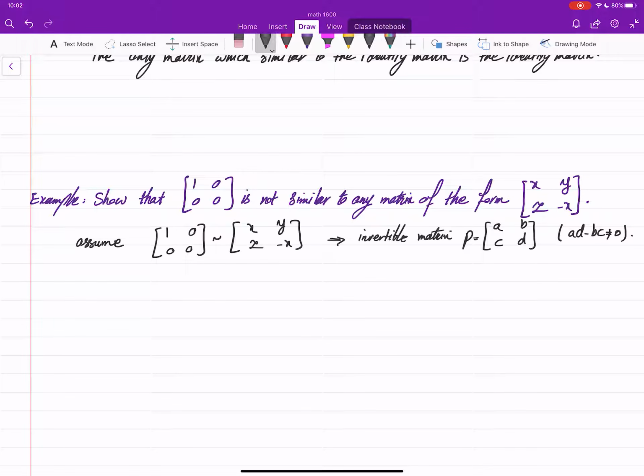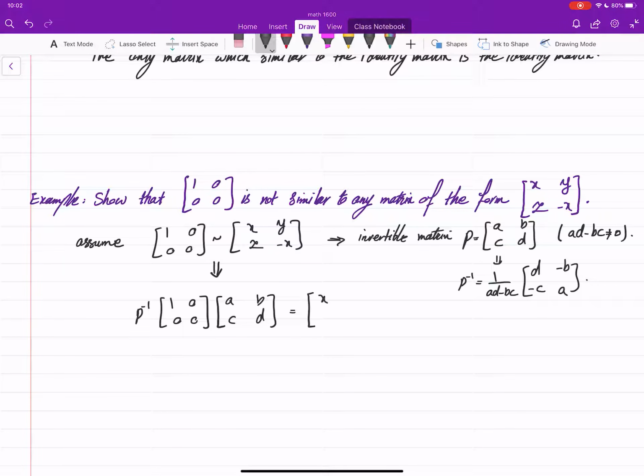Okay? And then from there, right away, you can say, what is P inverse? P inverse is 1 over AD minus BC times D, -B, -C, A: interchange the main diagonal entries, multiply off diagonal entries by a negative sign. So from this, we conclude that P inverse times 1, 0, 0, 0 times P, which is A, B, C, D, is going to be equal to x, y, z, minus x.